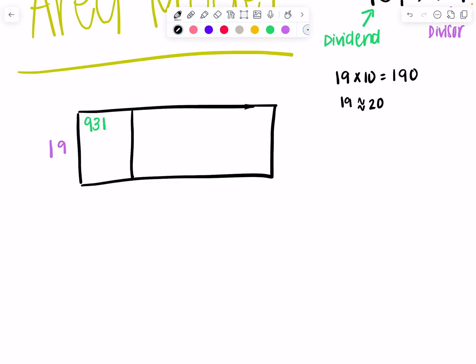And then I'm looking at 931. So I want to get something close to 931 without going over, and I probably won't find the exact number. Because I know it's approximately 20, and I know that 20 times 4 equals 80, I'm going to multiply 19 times 4 and see what I get.